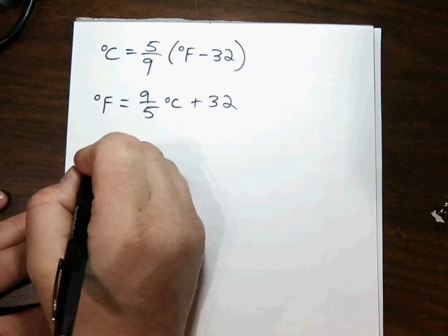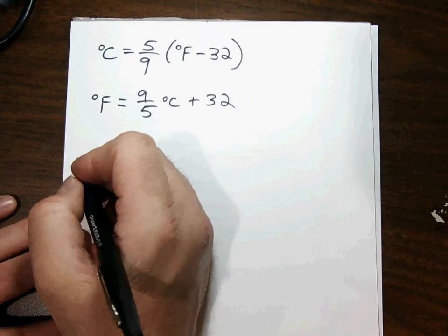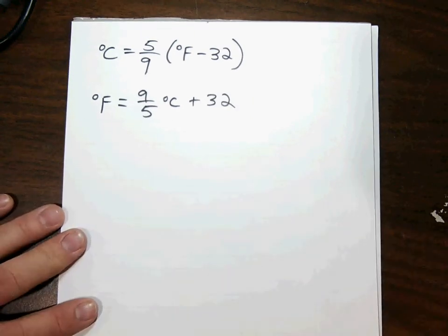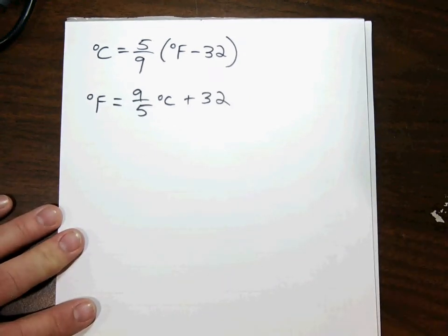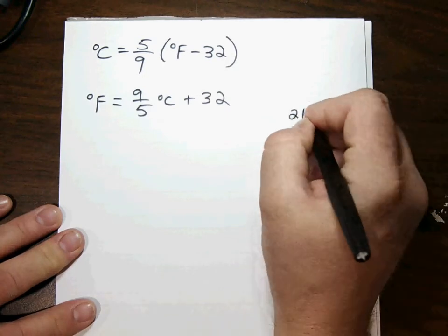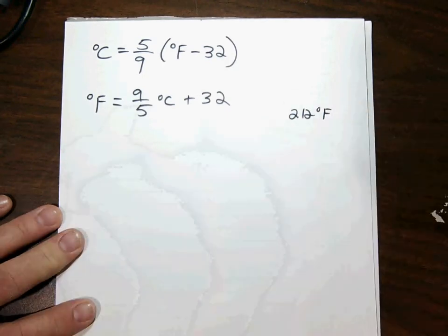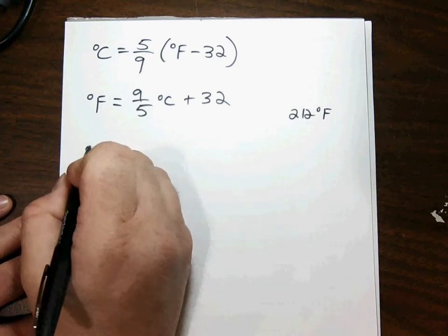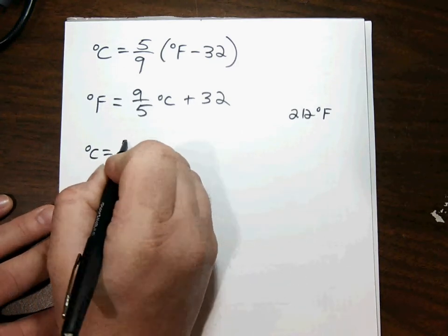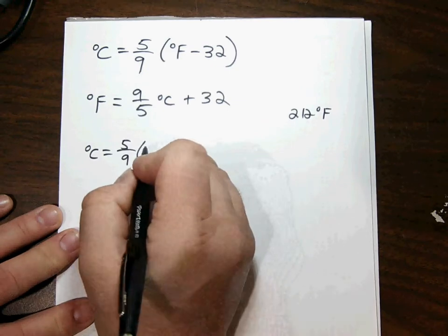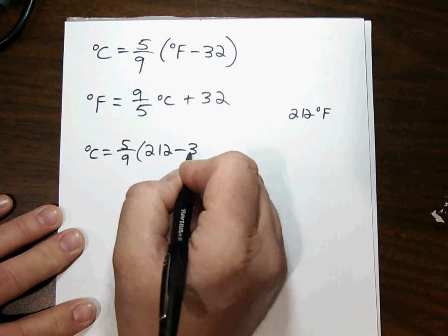Let's do some common numbers. Boiling point of water at atmospheric pressure, we know it is 212 degrees Fahrenheit. What is it on the Celsius scale? Anybody know? Let's find out. Degrees Celsius equals 5/9 times 212 minus 32.